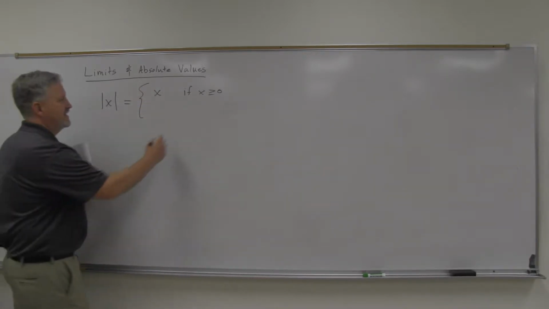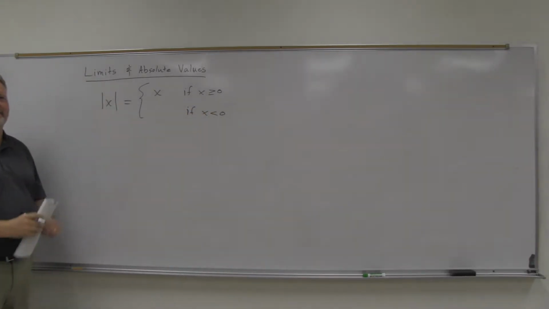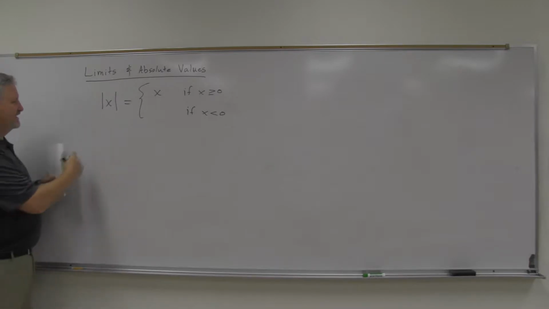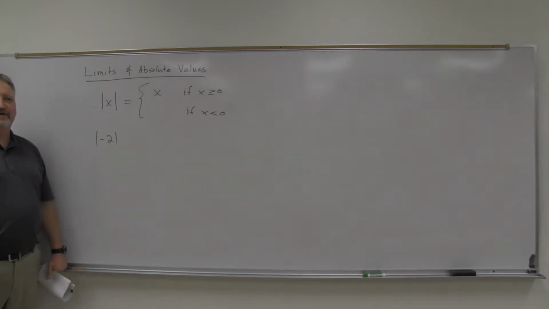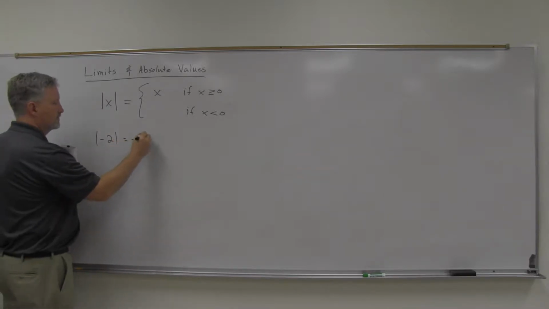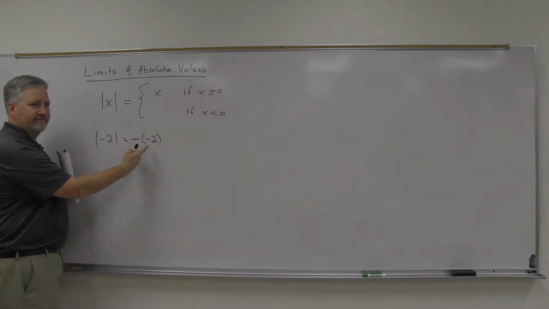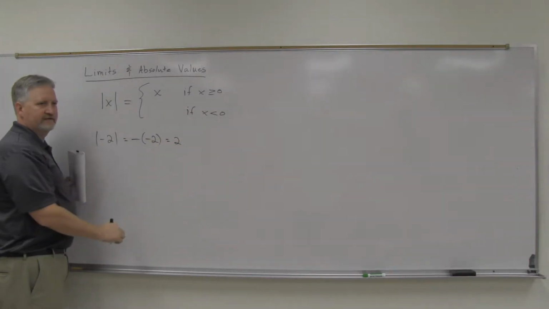However, if x is a negative number, less than 0, what happens? Well, if I plug in -2, so my x is -2, what do I get? Positive 2. Well, how is positive 2 related to -2? It's the opposite of -2. Right? Without the absolute value, because it's positive 2.